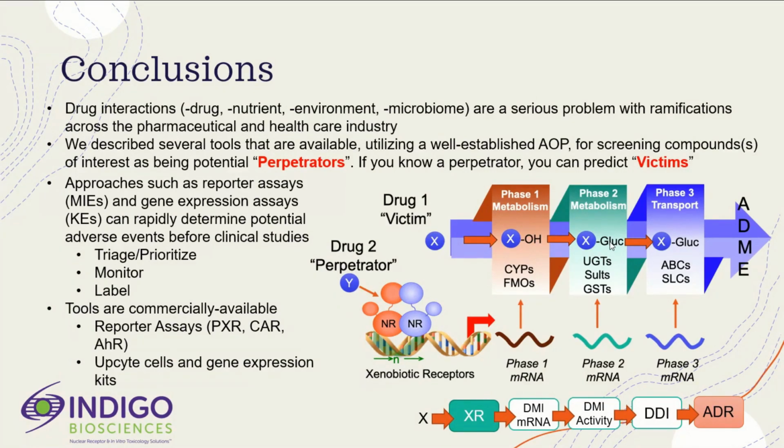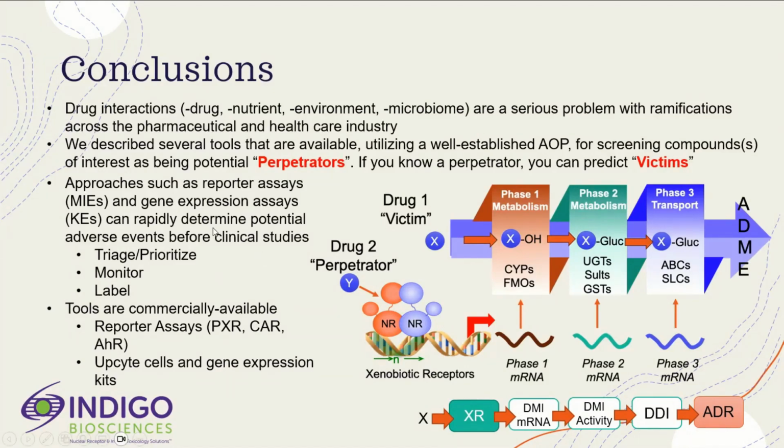So the tools that we talked about are really geared towards perpetrators, but if you know the perpetrator, you can determine whether it's a victim as well. So if you know that your particular perpetrator is regulating CYP3A4, you have a whole list of drugs that could be listed as victims for this drug.